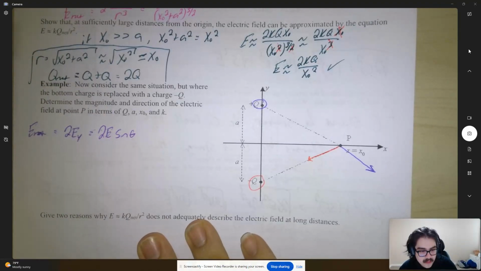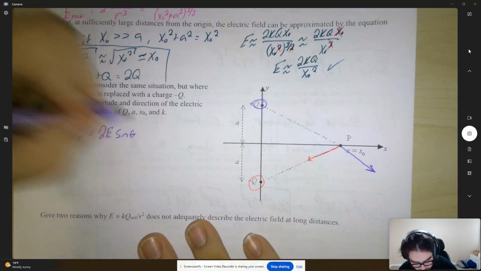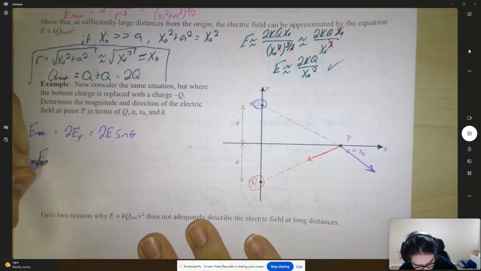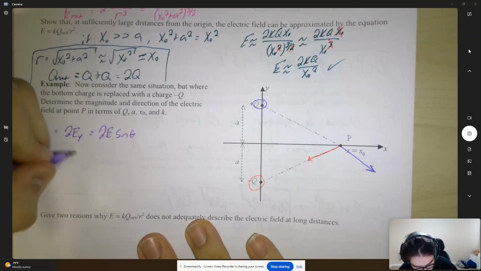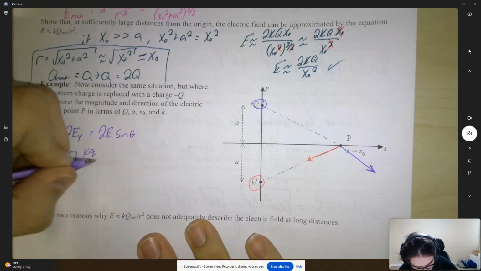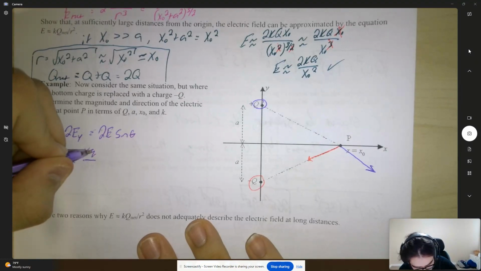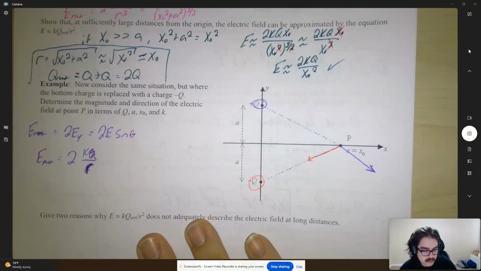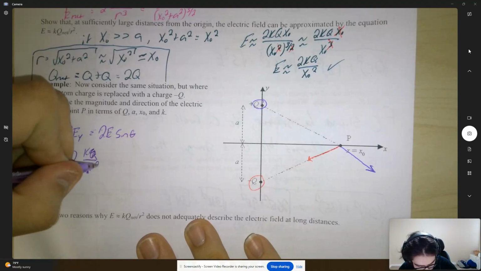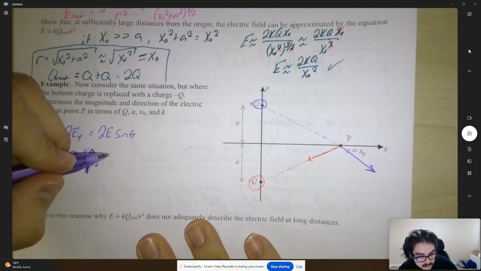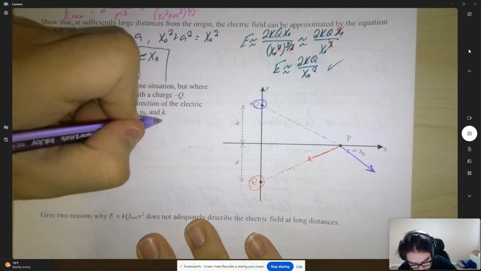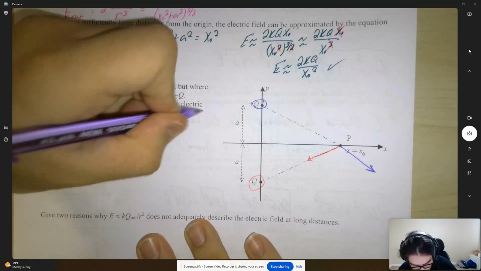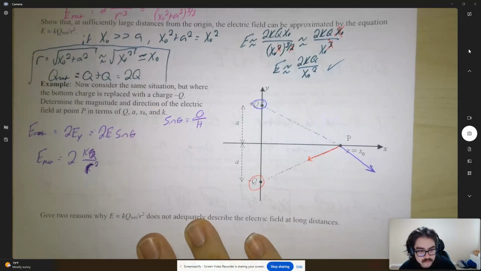Okay, and then I can piece this together. E net equals 2kq over lowercase r squared. I'm trying to be consistent with my symbols here. This should be lowercase r squared. Sine is going to turn into, we know that sine theta is equal to opposite over hypotenuse, right?